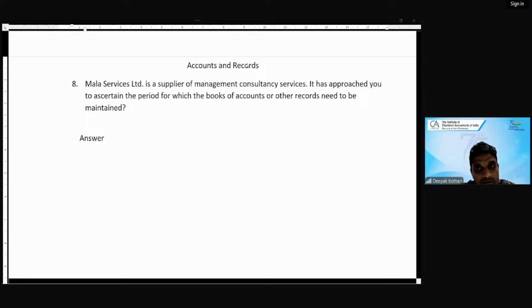So the period has to be counted from the date of filing of last annual return, and the books of accounts has to be maintained for 6 years, as per me. Correct. 6 years from the last annual return.